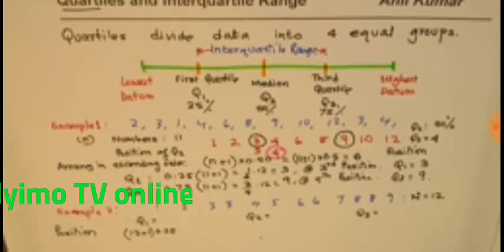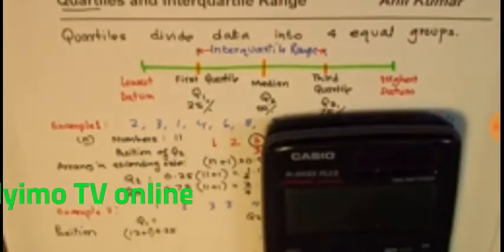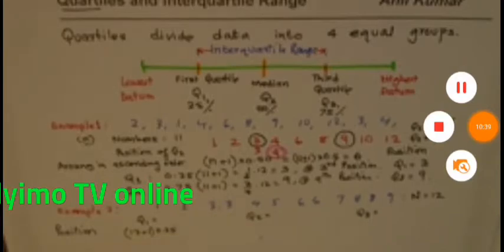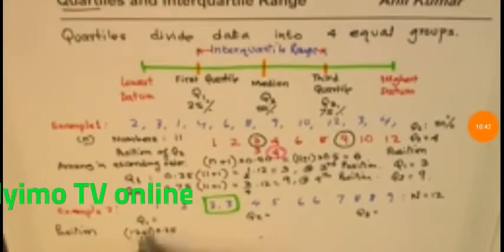Let me take the calculator now and show you that's a decimal number, right? So it is 13 times 0.25, that gives us in decimals 3.25. 3.25 means 1, 2, 3.